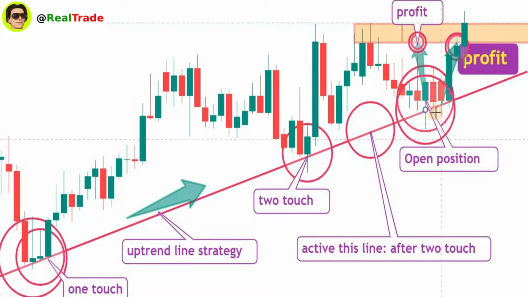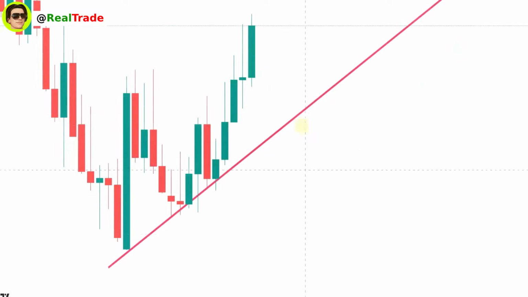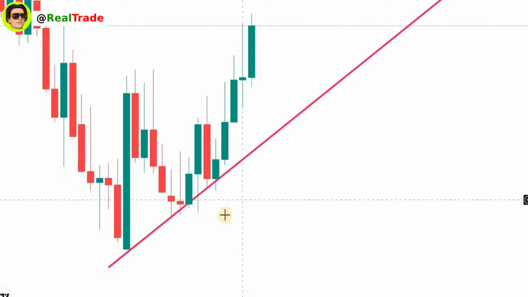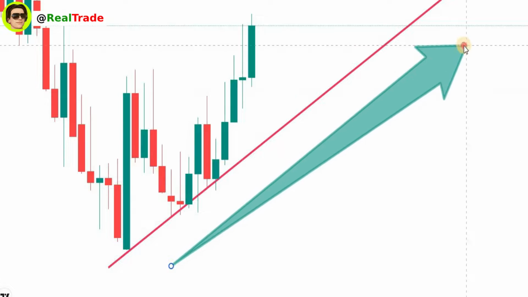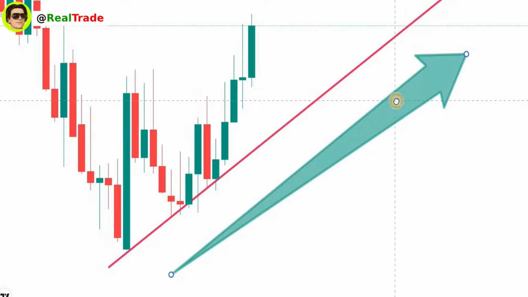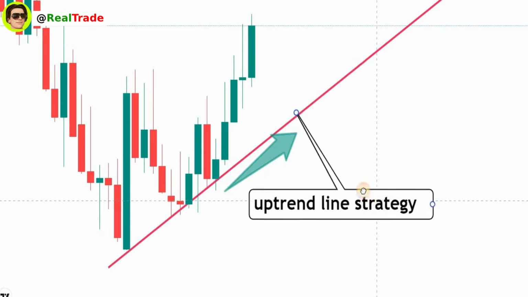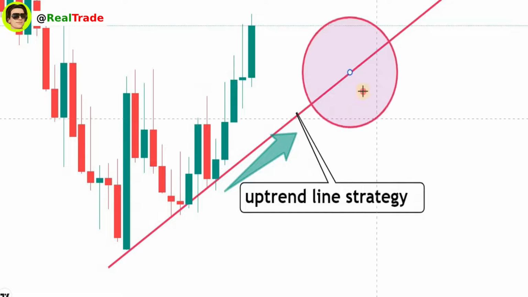Look at the chart. Uptrend line strategy, one touch, two touch. After two touch, I open position. Yes, look at this line. Look at the red line. Yes, uptrend line strategy. This line is uptrend line strategy.